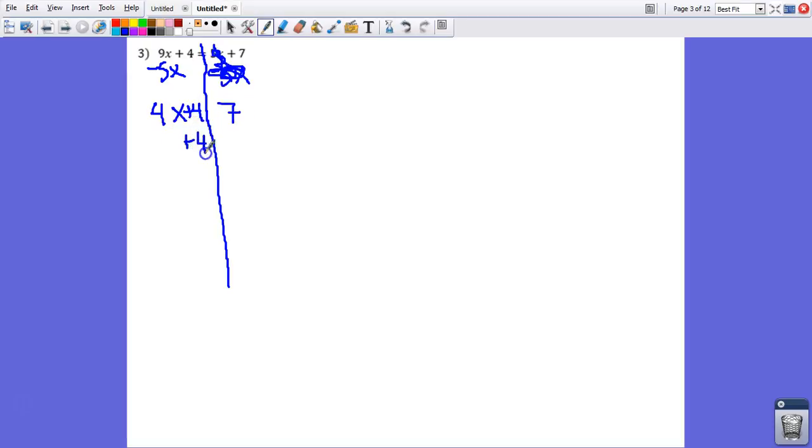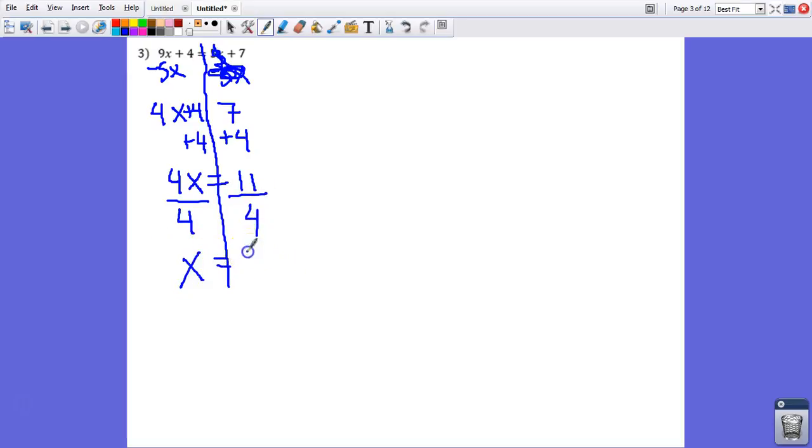Now add 4 to both sides, right? And I still have 4x equals 11. Now I'm dividing by 4 because that's the number by x that I want to get rid of.